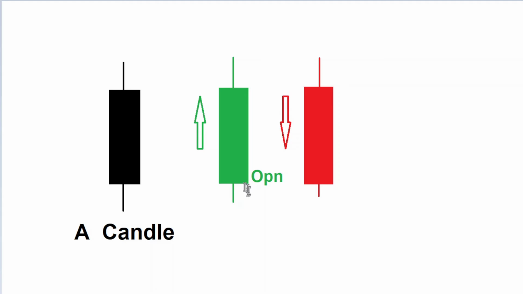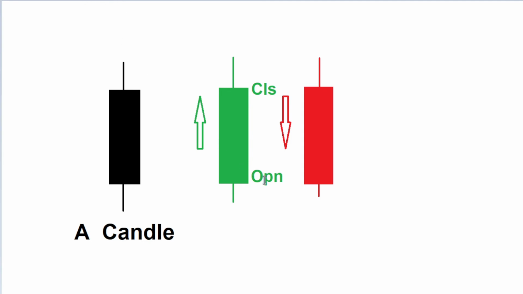With the green one, you read the bottom edge of the solid body as the opening price for that period, and you read the top edge as the closing price for that period.